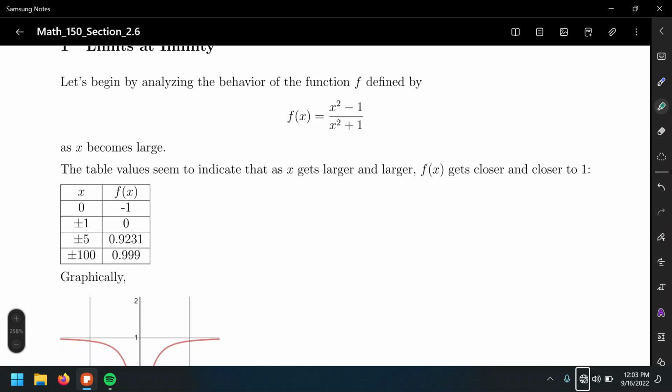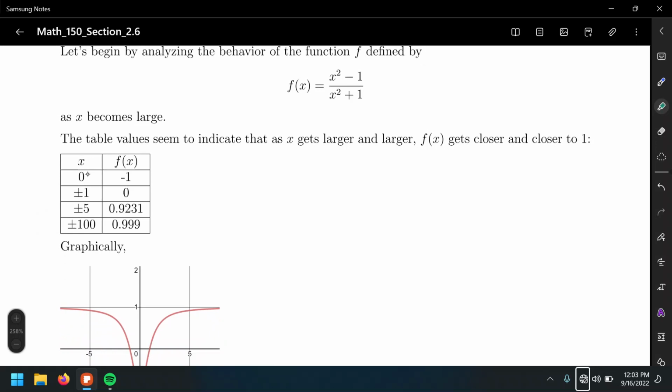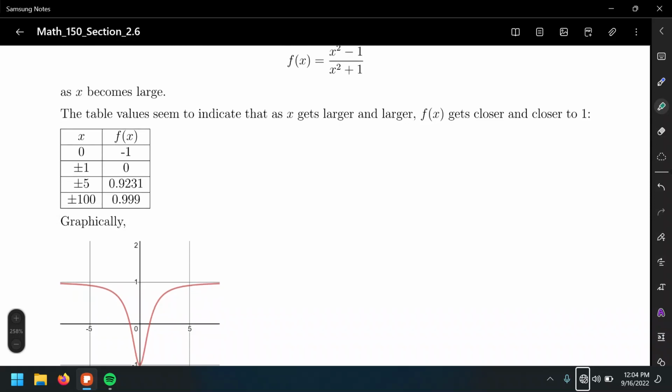I have a table over here. Whenever x equals 0, evaluated, you should get 1. I'm not going to do the calculations because that's going to take forever. I'm just going to give you the table. Or even better, it would be easier to just look at the graph. You can see it from the table, but we're going to see this from the graph.